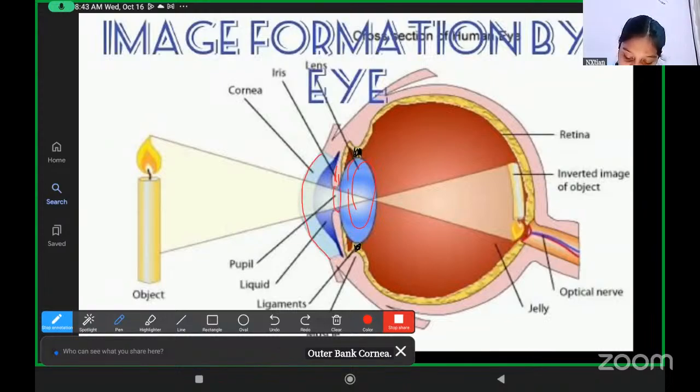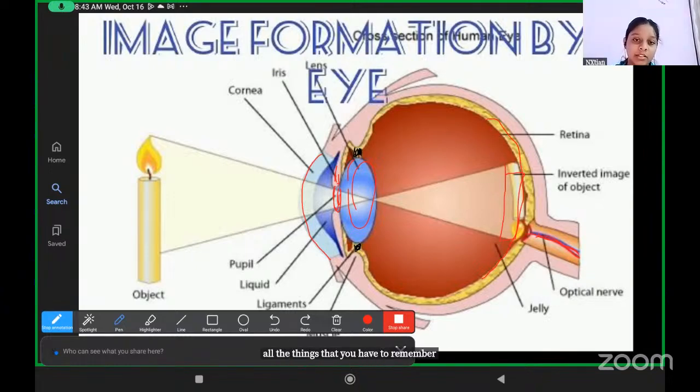Here we have the pupil, the black dot. Then at the back of the eye is the retina. And here is the optic nerve that connects with the brain. The image formation takes place right in front of the retina at the back of the eye. These are all the things that you have to remember.